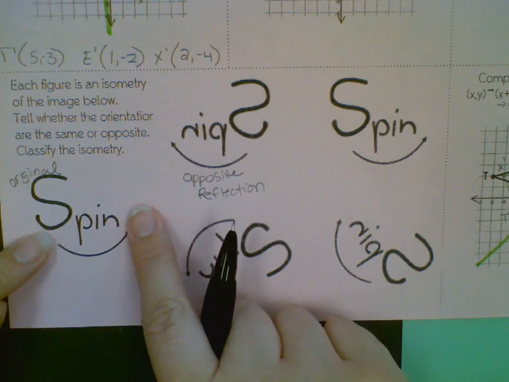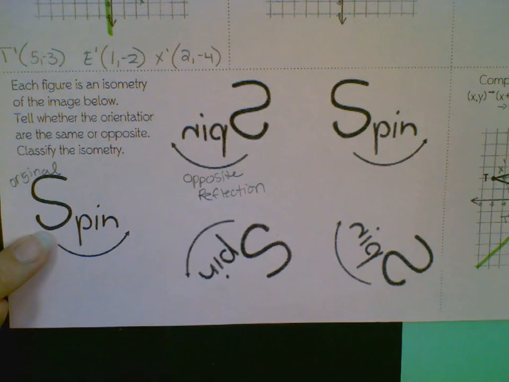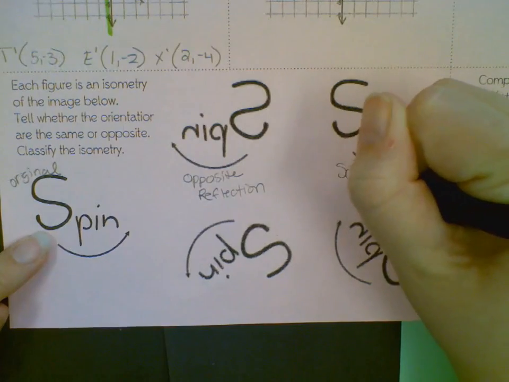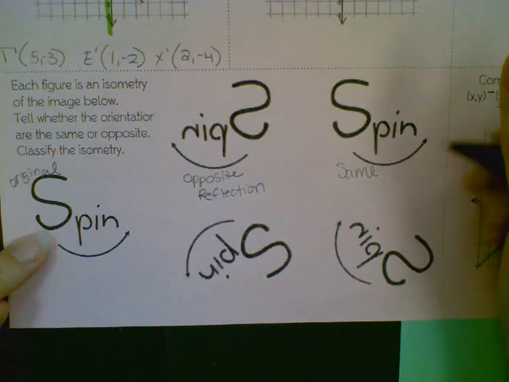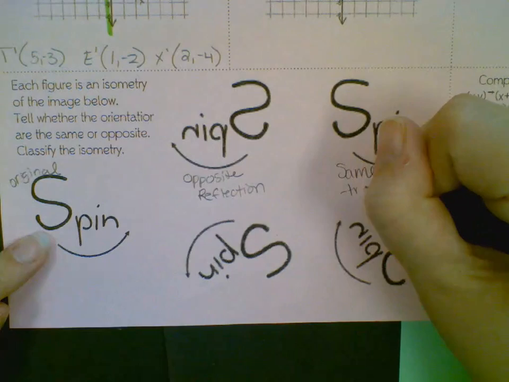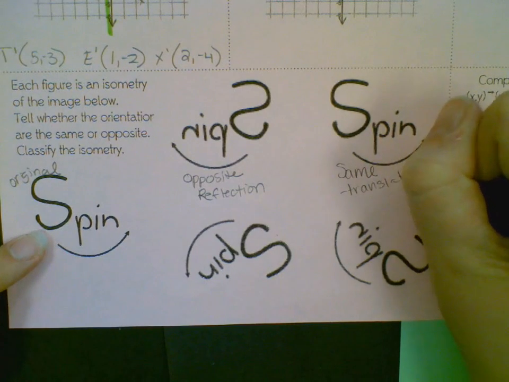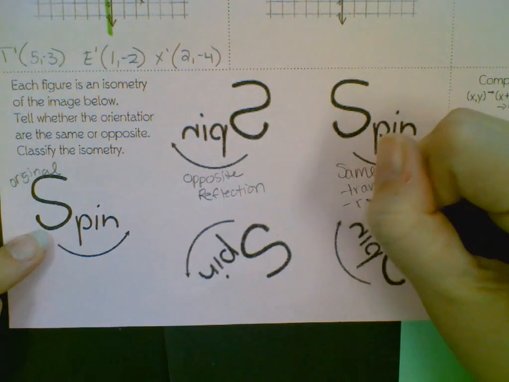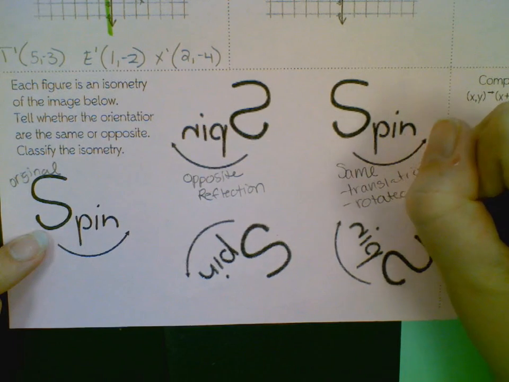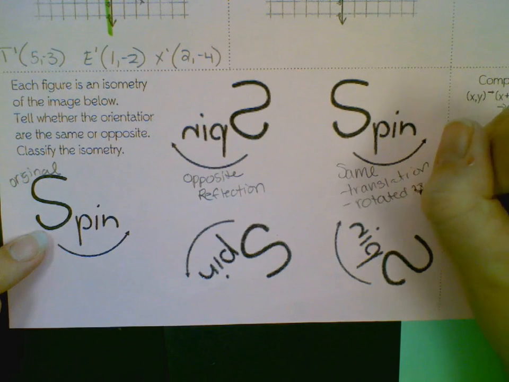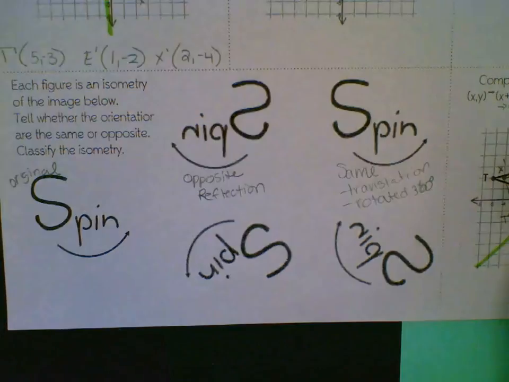Is it faced the same way, or is it opposite? Good, it's the same. So for this one, our transformations could have been a translation. We could have slid it, or we could have rotated it 360 degrees, so spun it all the way around. That's the only way to get it to look the way it is.